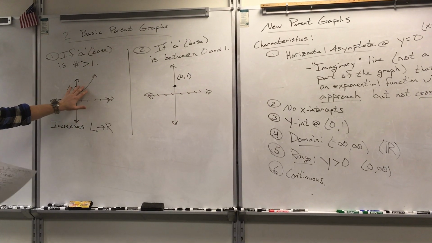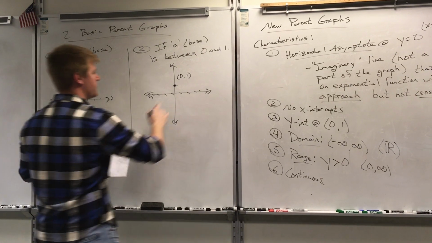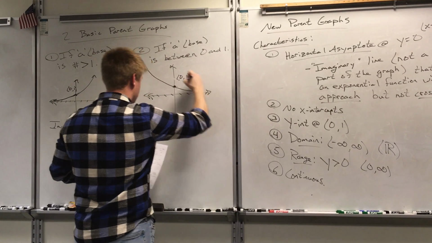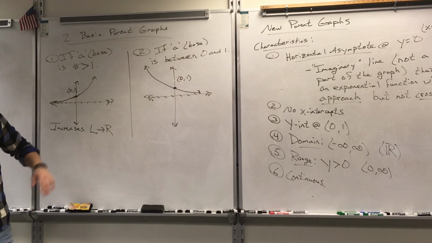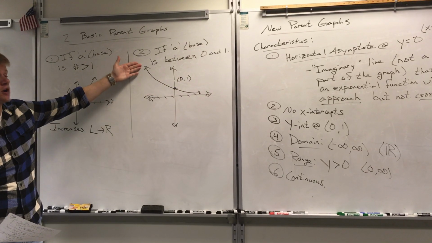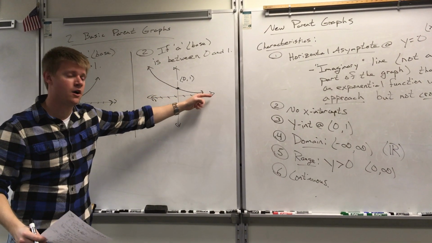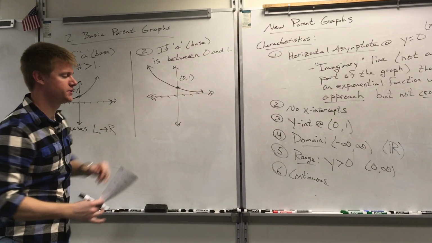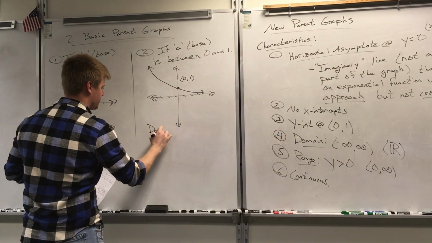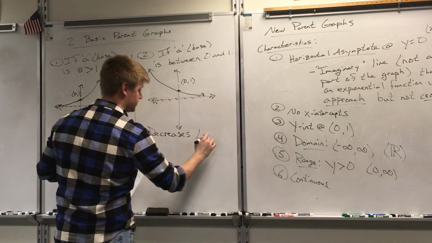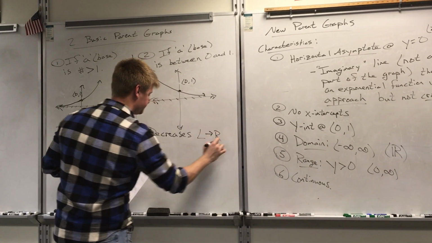This picture is actually going to flip. So it's going to start at positive infinity from the left side and now work its way down towards the x-axis, which once again it does not cross. Another way of describing that is it decreases left to right.